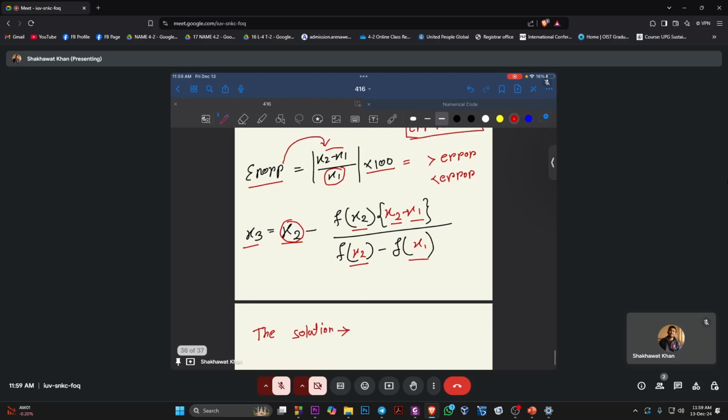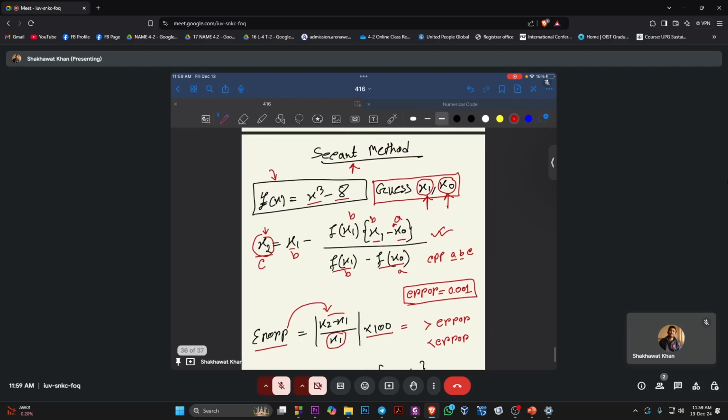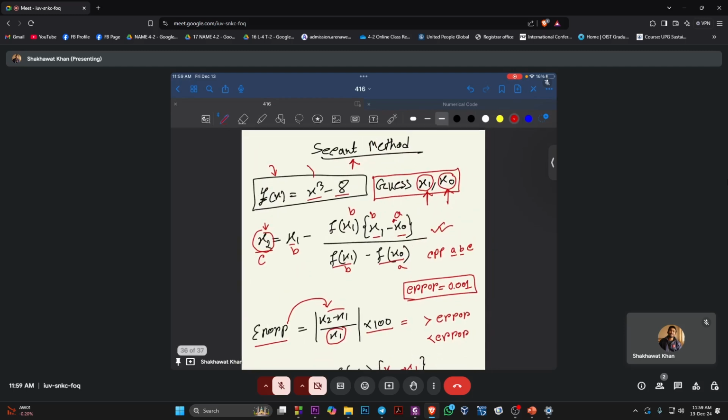I will discuss this second method using just this function, x cube minus 8, where we know the root is almost 2. Now I want to shift to the C++ interface. I took this simple function to discuss the problem very clearly.